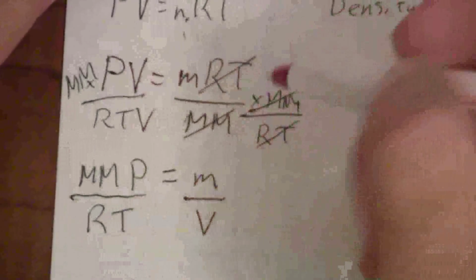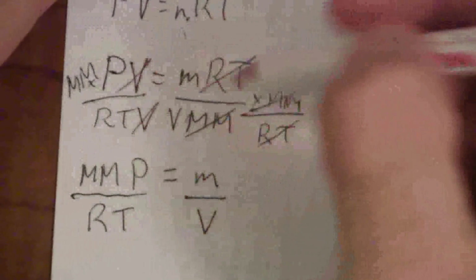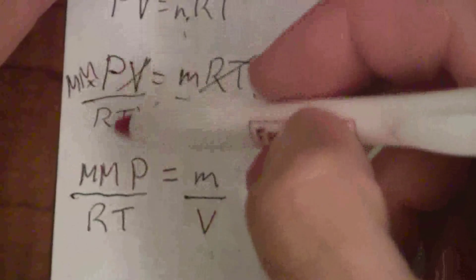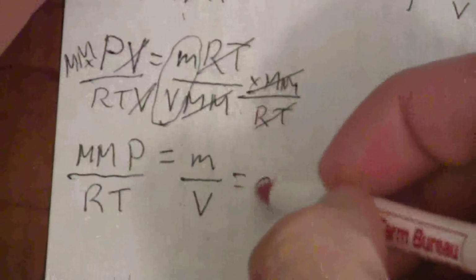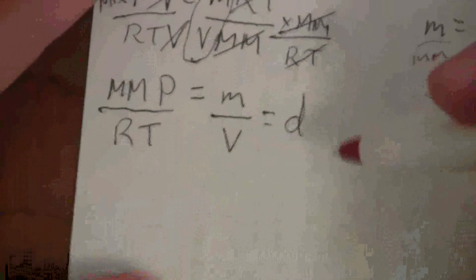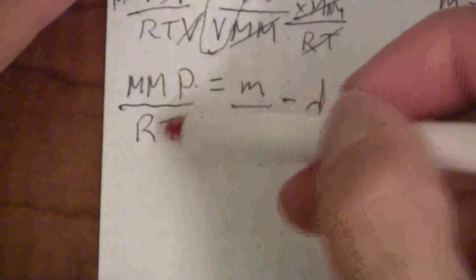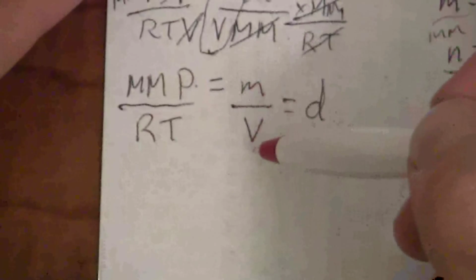Now I have volume over here, so I divide both sides by the volume, and that will cancel there. That's where I get the molar mass times the pressure divided by RT equals mass divided by volume, or density. So if I take the molar mass of a gas times its pressure divided by RT, I can find out what its density is.